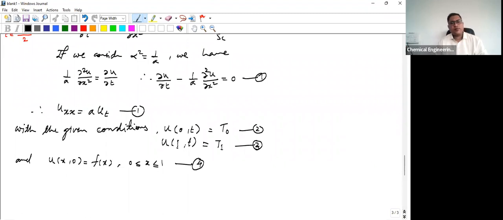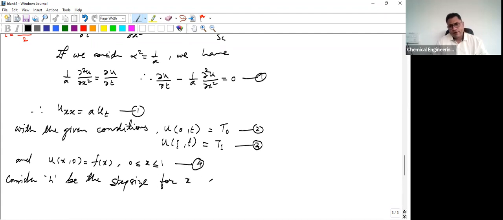So we have equation 1 with the boundary conditions T0, T1 and this condition. So consider h be the step size for x.